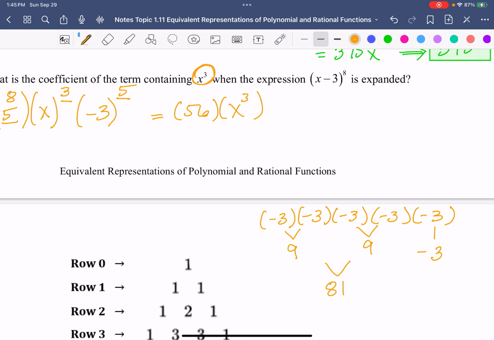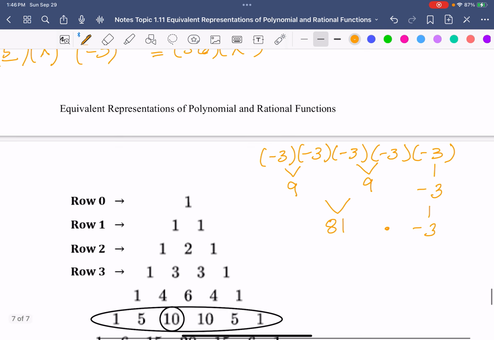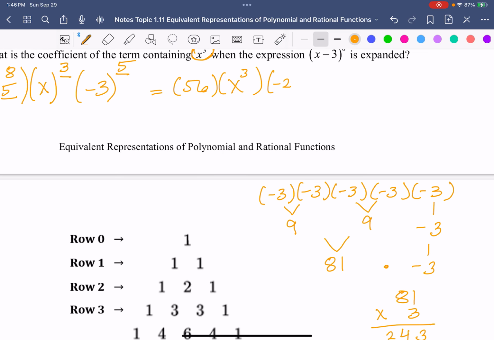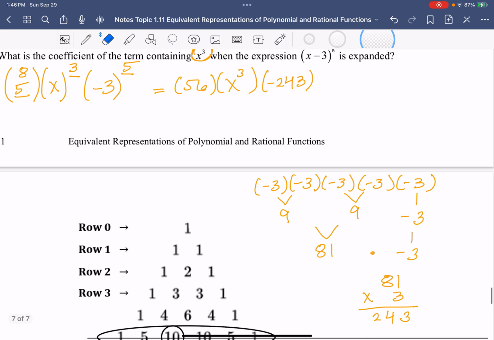These two equal 81. This one is still by itself, so you still need to multiply those two, okay? 81 times 3 would be 3, and then 8 times 3 is 24, but it was negative, so it would be -243, okay?